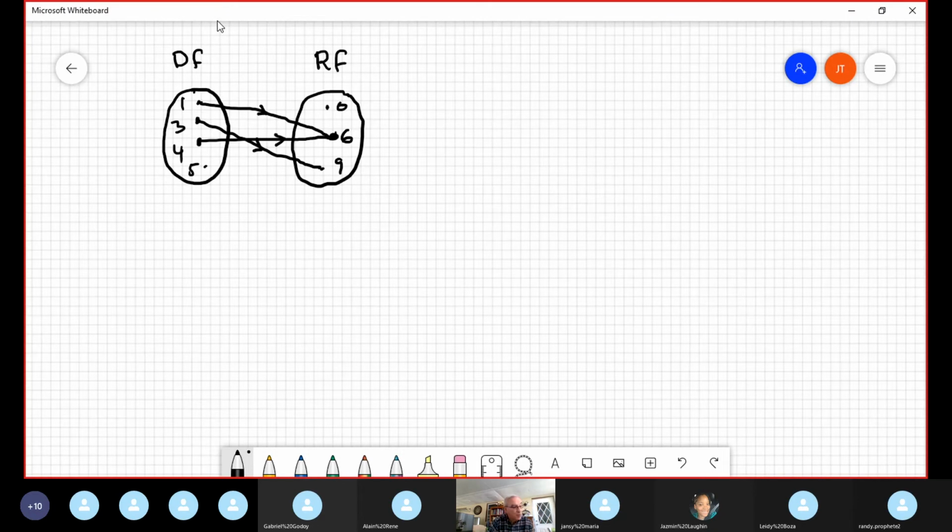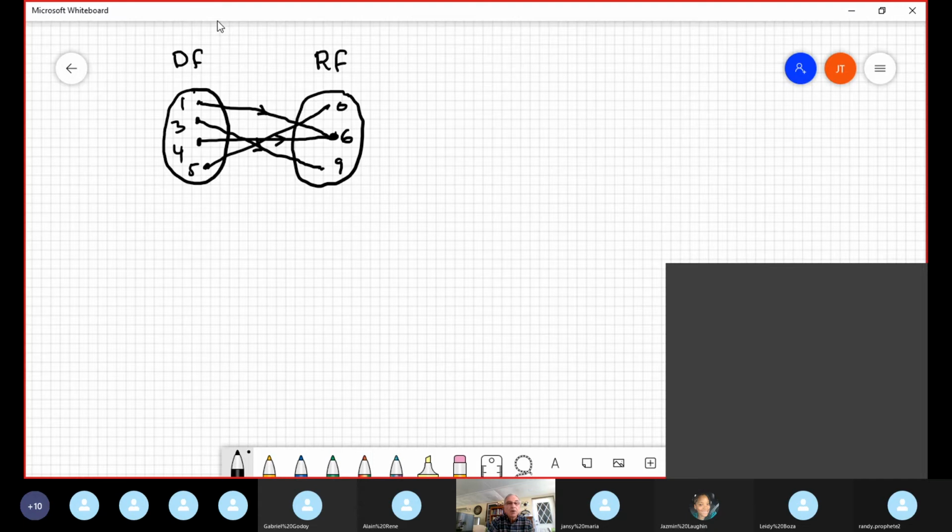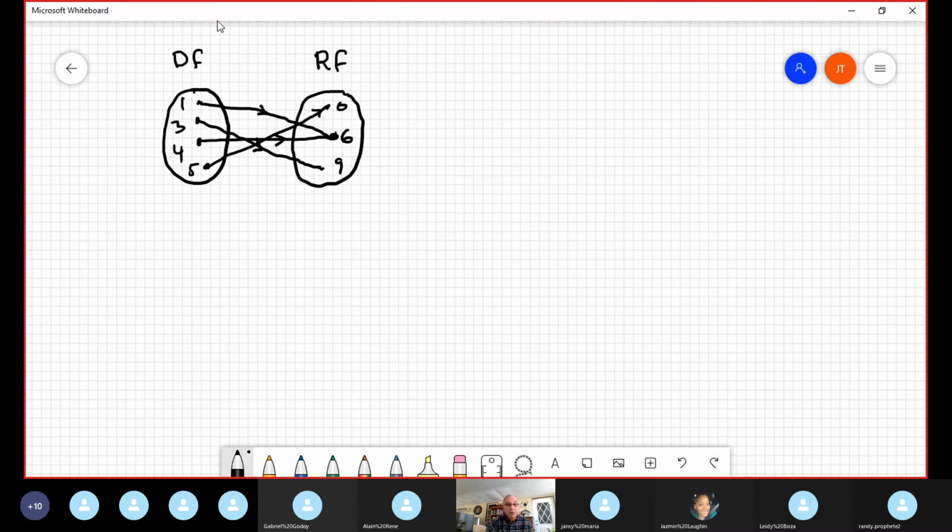And 5 with 0. Okay, this is the function f. And I also have another function that is g.